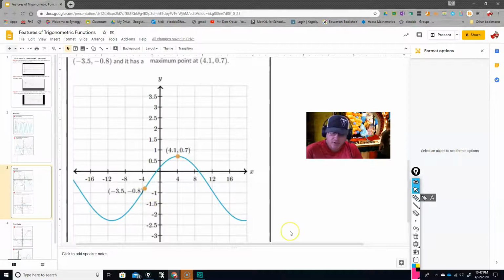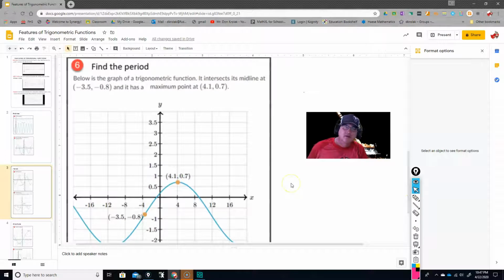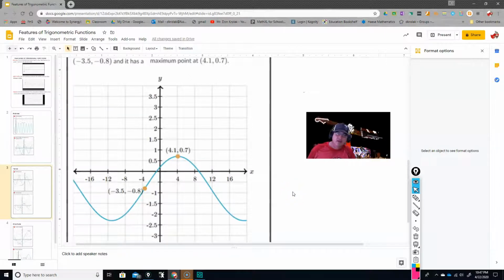But this is where the midline is. So we're told in this problem that it intersects the midline at negative 3.5, negative 0.8.